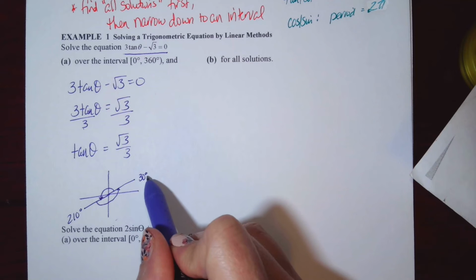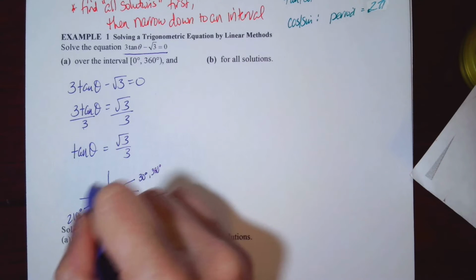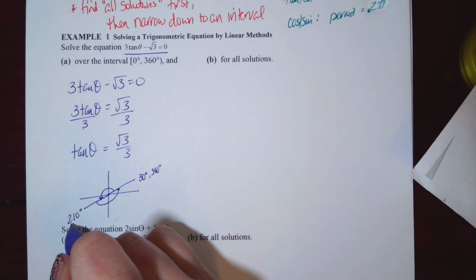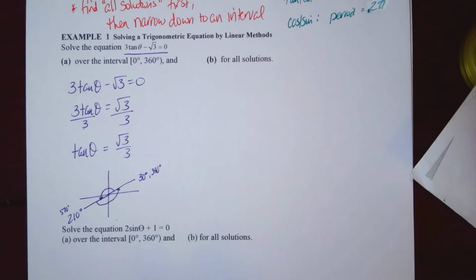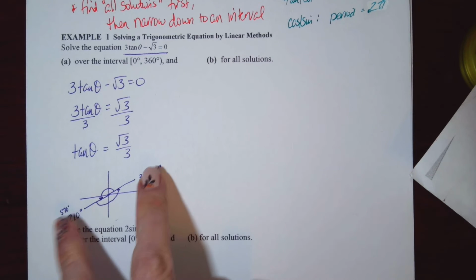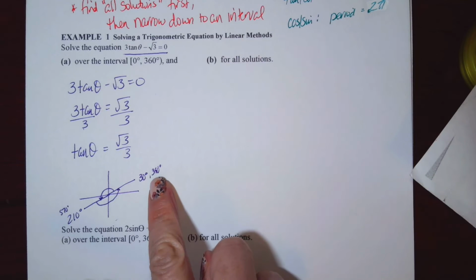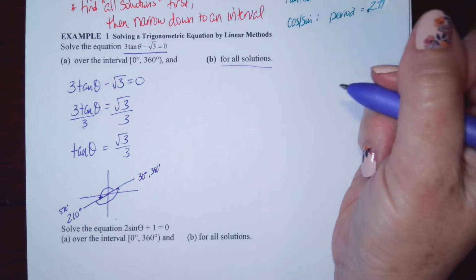I could add 180 again, and I have 390, and I add 180 again, and I've got 570, and I can just keep going, positive and negative directions. I have an infinite number of angles that terminate at these two locations. So let's write our all solution statement.